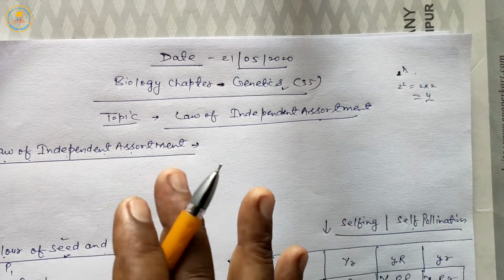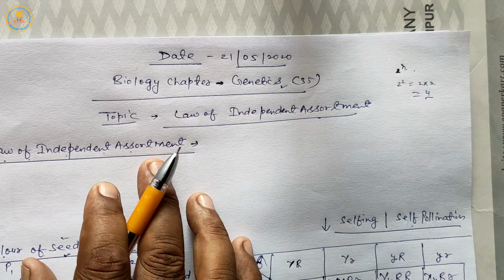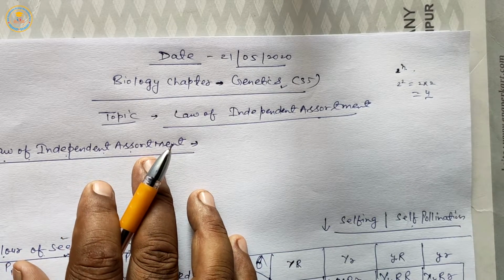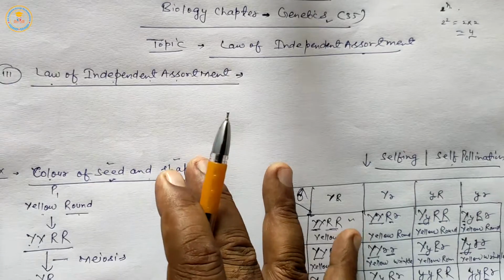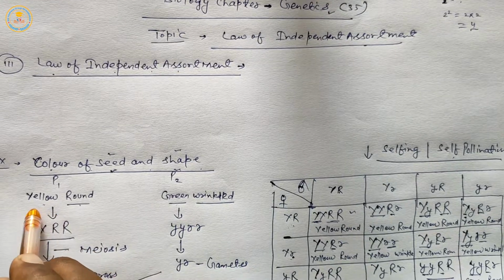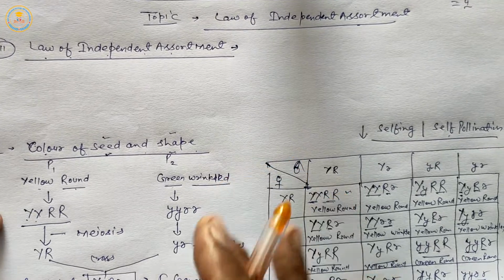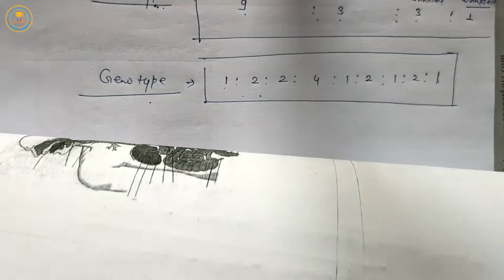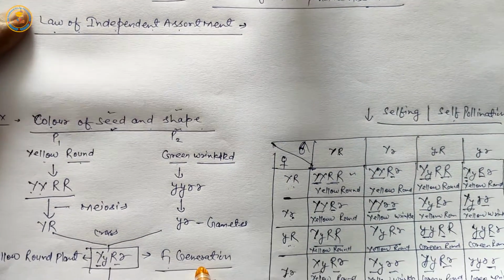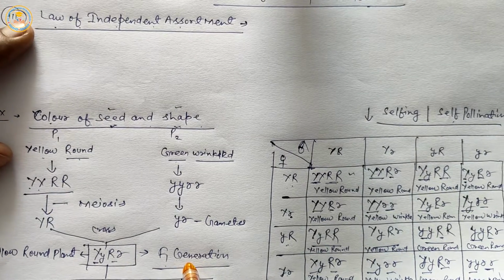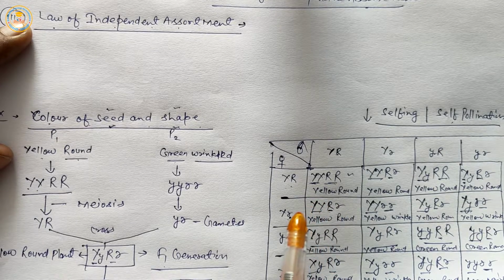Last is the law of independent assortment. First, it is the third law of Mendel. Second, it is based on the dihybrid cross. In this law, when we take two characters and form gametes, and the gametes cross each other and form the F1 generation, then after the F1 generation, all characters, all traits, are independent.